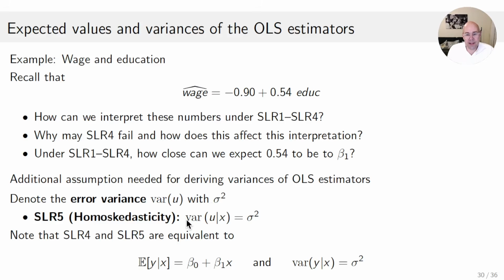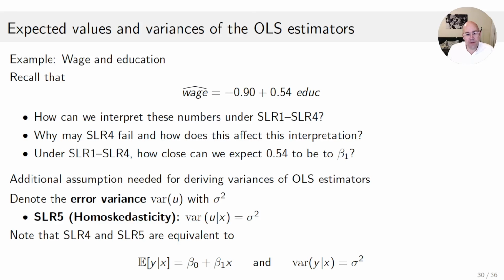And the assumption then is that the variance of u given x is equal to sigma square. What this is saying is that the variance of u does actually not depend on x. And that is exactly the assumption of homoscedasticity. So there is no relationship between x and the variance of u.